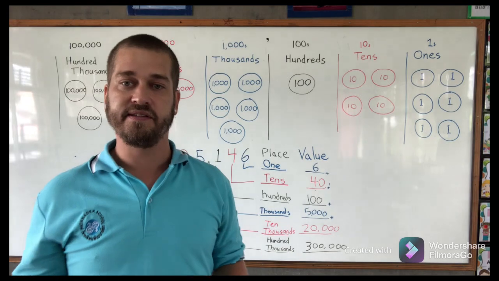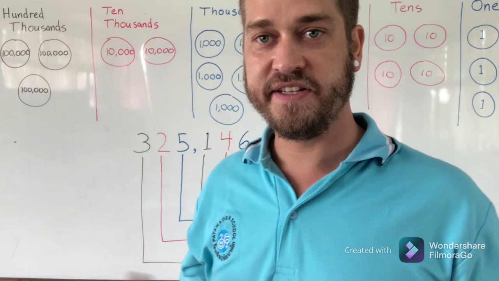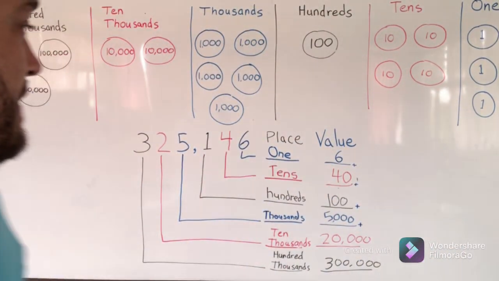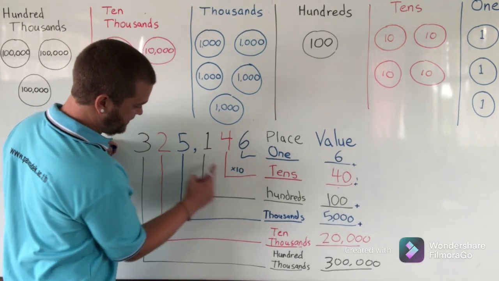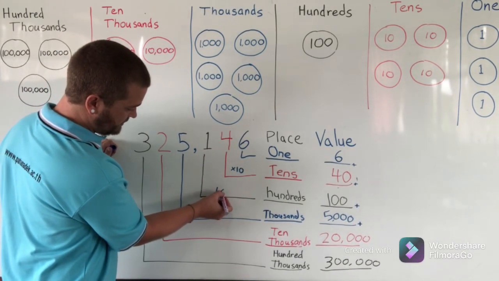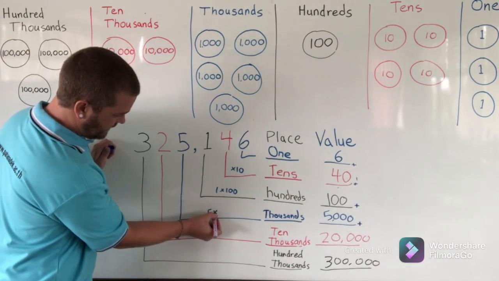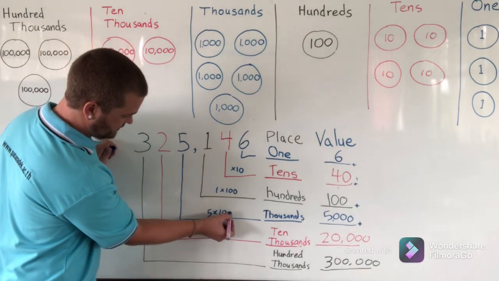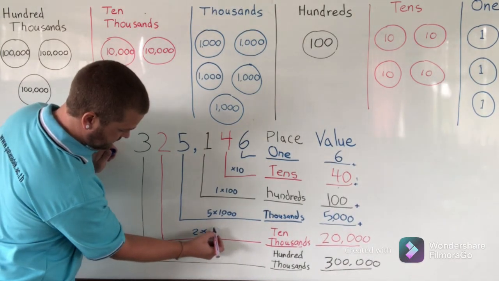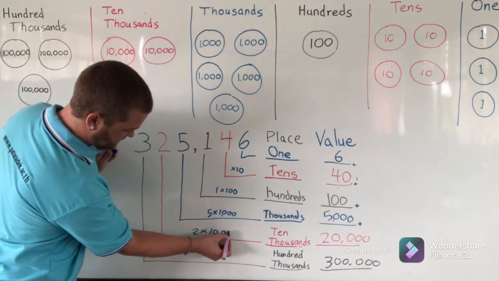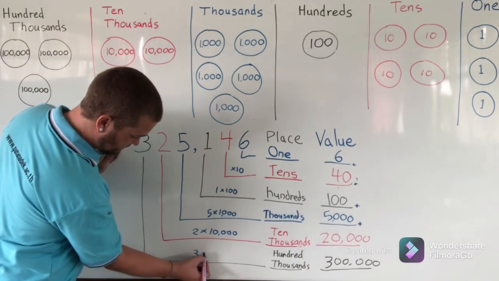We're gonna practice a lot with these. By the end of the year, you guys are going to be professionals. All right. If you need a third way to do this, you can legitimately just do 4 times 10, 1 times 100, 5 times 1,000, 2 times 10,000, 3 times 100,000.